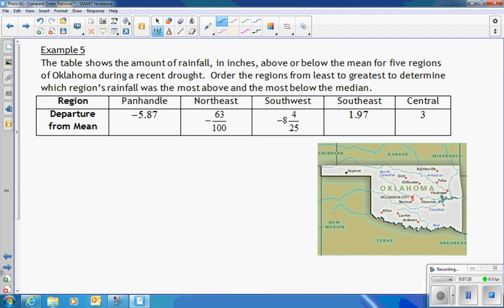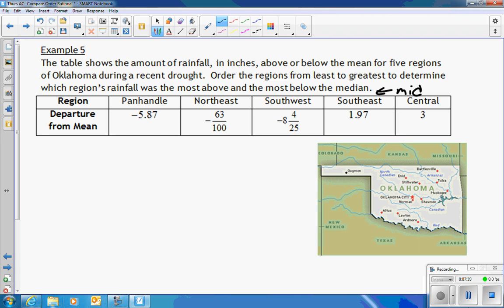The table shows the amount of rainfall in inches above or below the mean for 5 regions in Oklahoma during a recent drought. We're going to order these regions from least to greatest to determine which one was the most above and the most below the median. The median is the middle number.